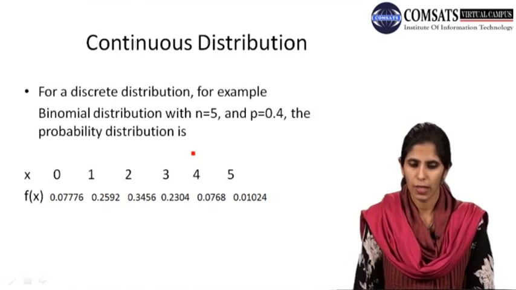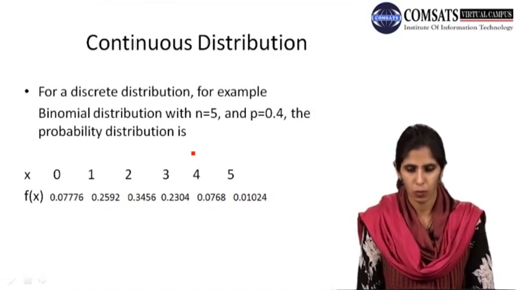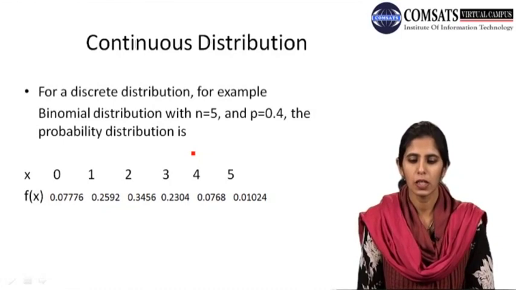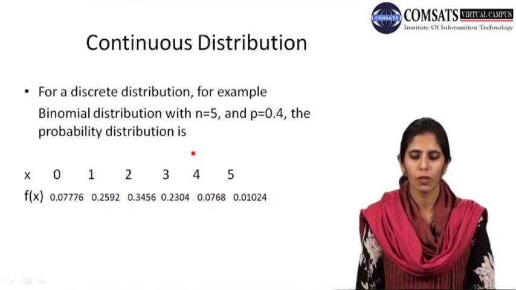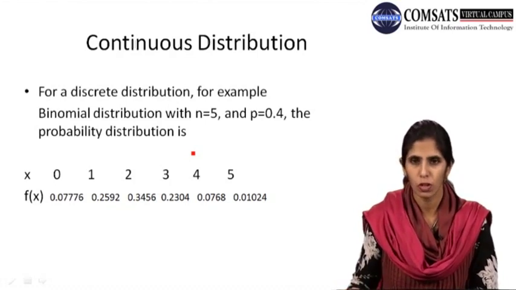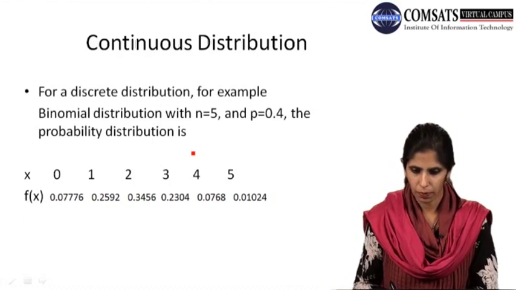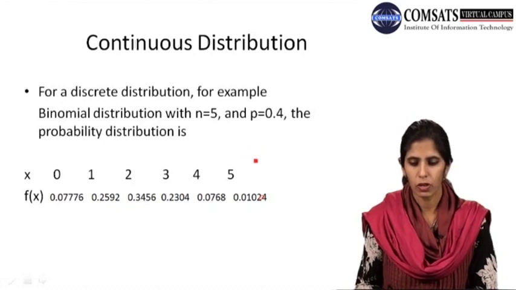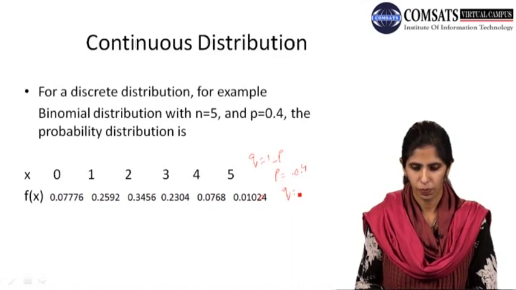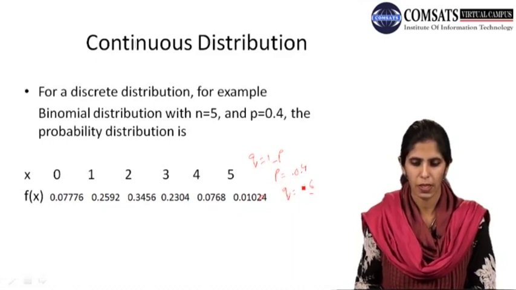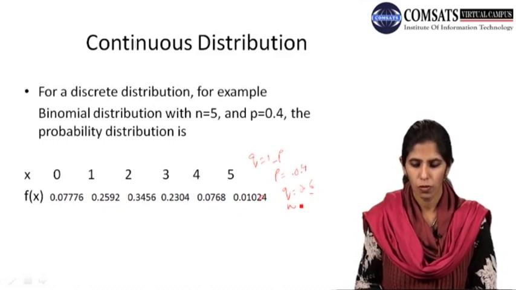For a discrete distribution, for example in binomial distribution, if n is equal to 5 and the probability p is equal to 0.4, definitely q is equal to 1 minus p, which is 0.6. So we are given n equal to 5.